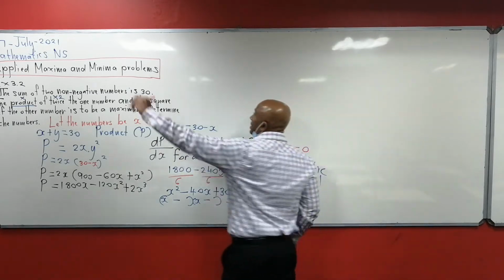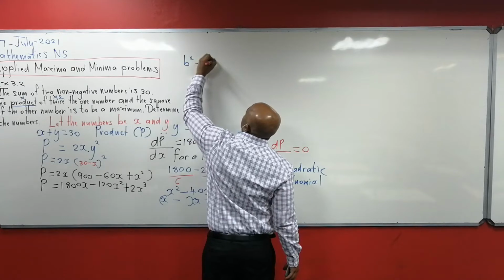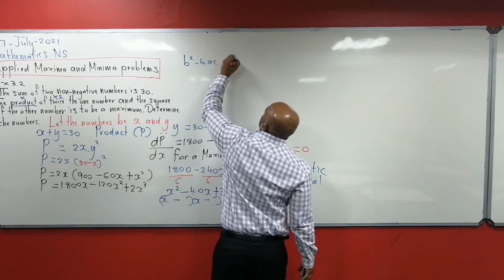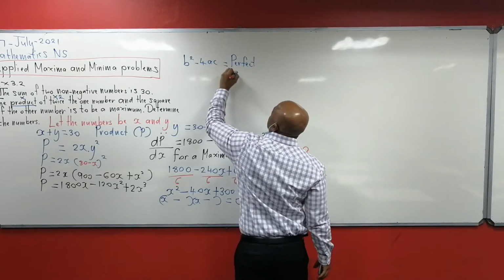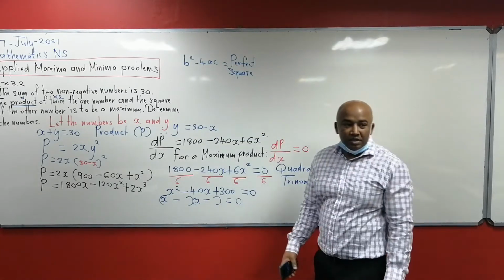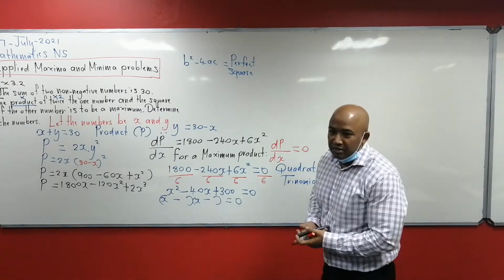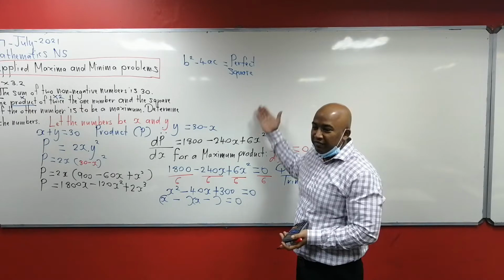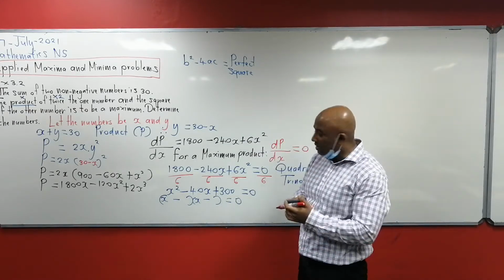If you wish to factorize it, you check if b squared minus 4ac is a perfect square. If it's a perfect square, then it can be factorized. Like 25, the square root of 25 is 5. Like 9, 9 is a perfect square, the square root of 9 is 3.